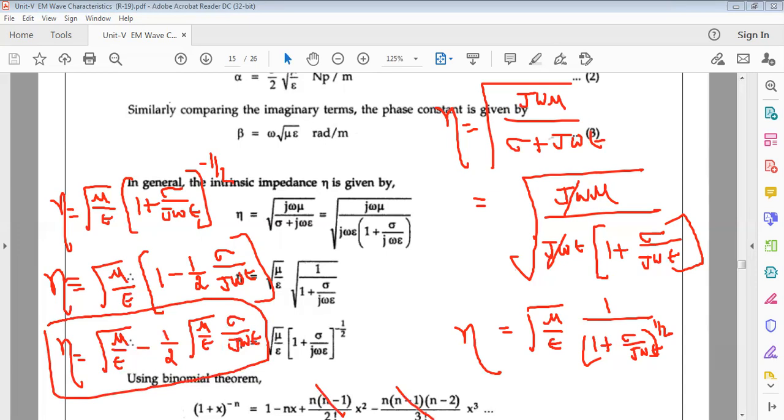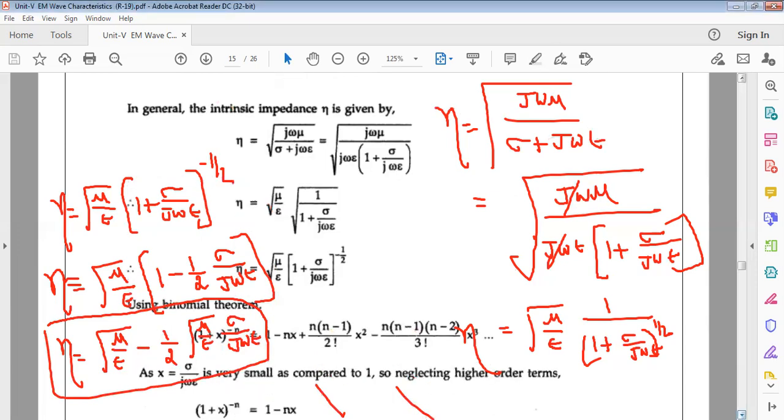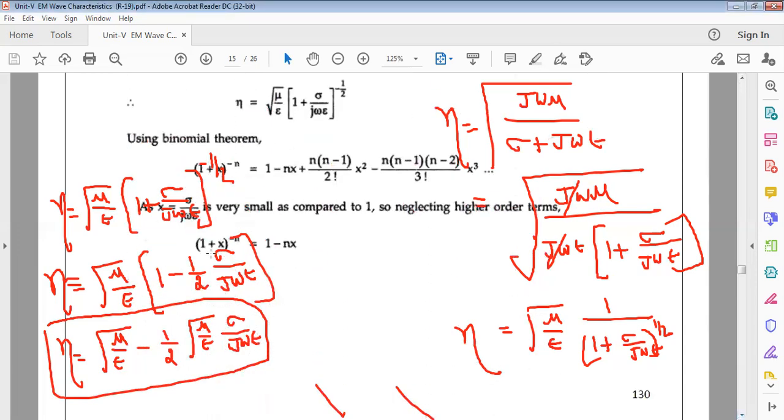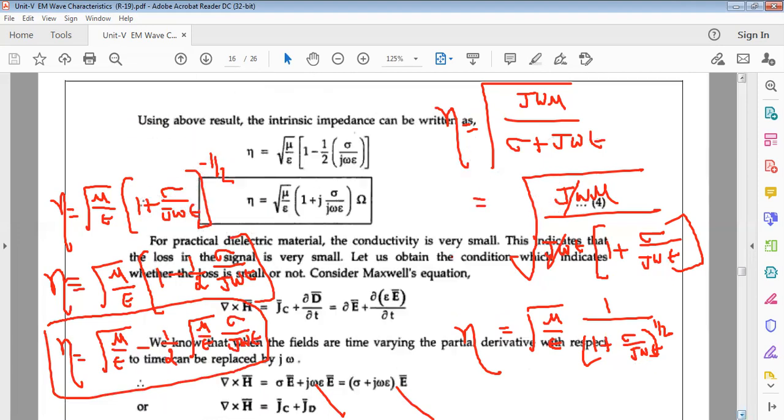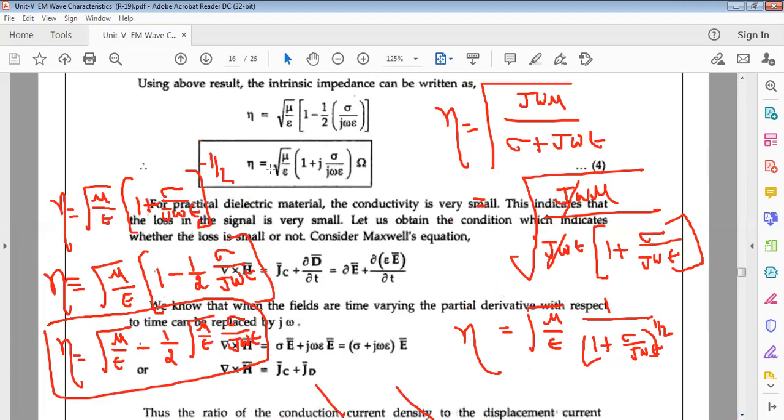After substituting the value using the binomial theorem in that equation, 1 plus x whole power minus n is equal to 1 minus n x, neglecting the higher order terms, you get eta is equal to under root of mu by epsilon into 1 minus 1 by 2 sigma by j omega epsilon. Got it, my students? Sigma by j omega epsilon. Understood?